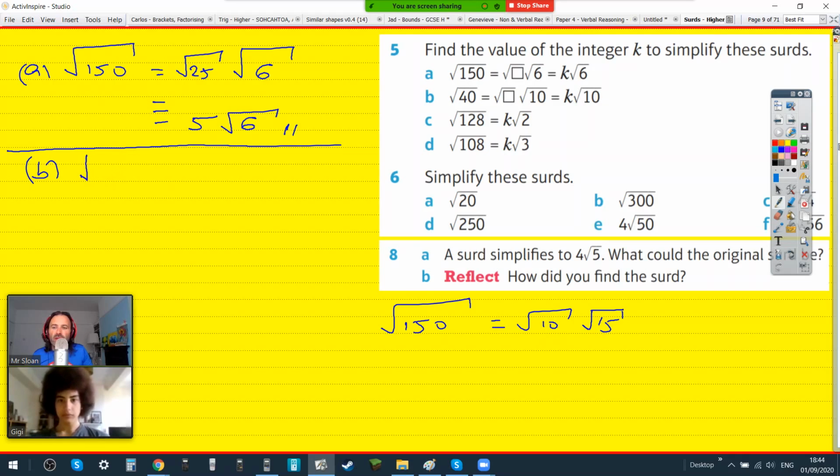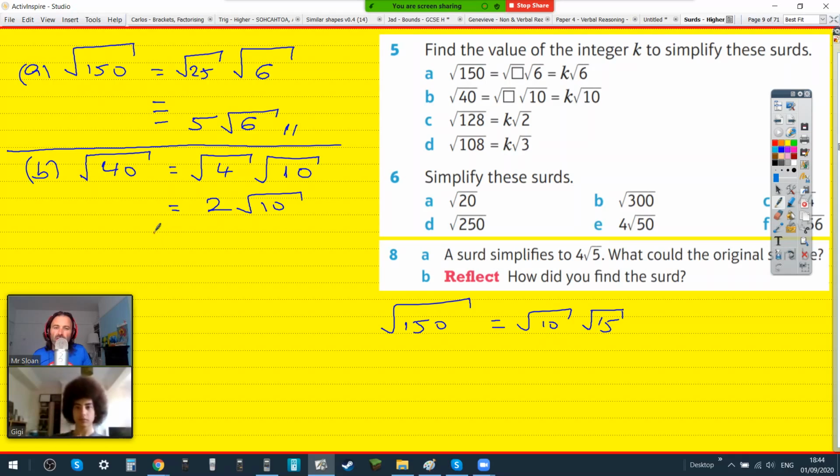Okay, how about B? It'll be root 4 times root 10. So it'll be 2 times root 10. Yeah. Okay, let's see. So 128 times k root 2.